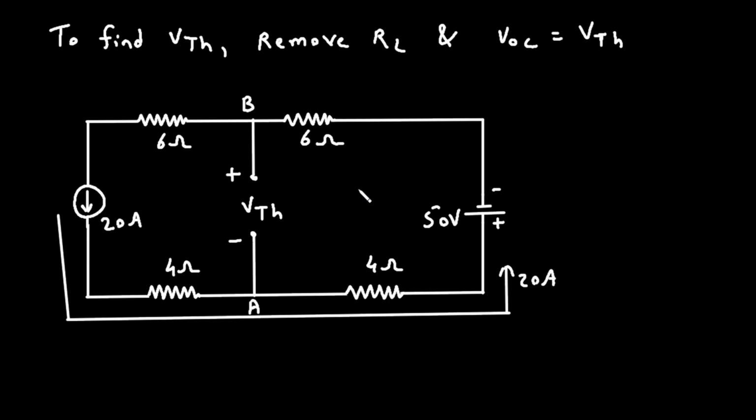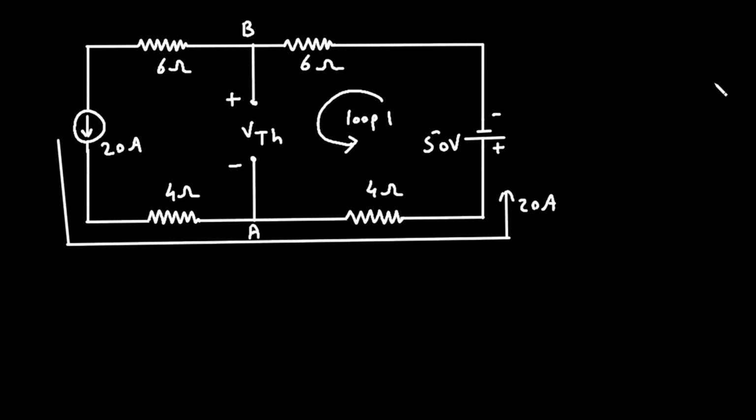Now here we can apply KVL. Let's say this is loop number 1. Now we will apply KVL to loop number 1. Now according to the direction of this current, this will be positive, this will be negative, this will be positive and this will be negative.